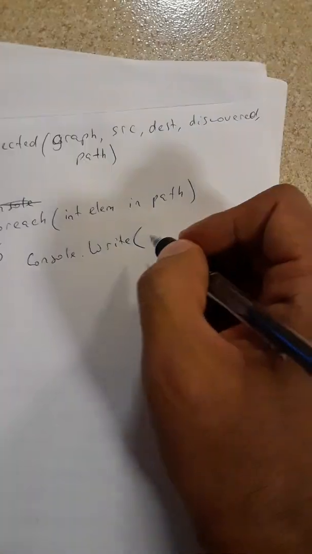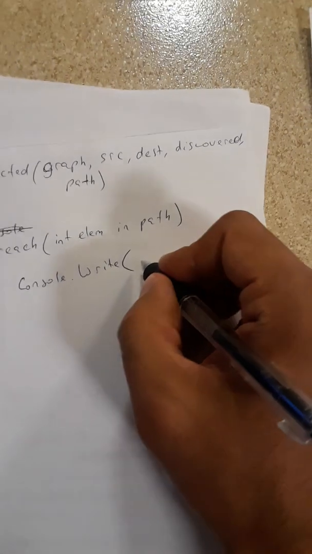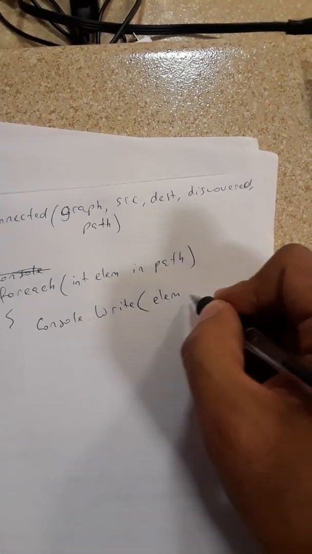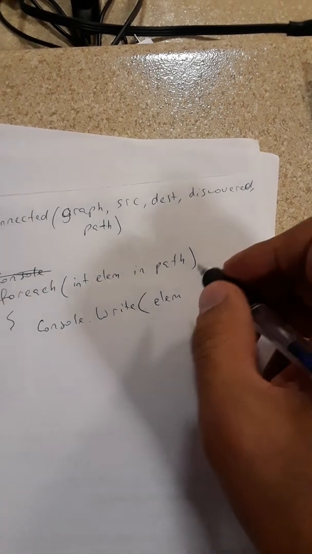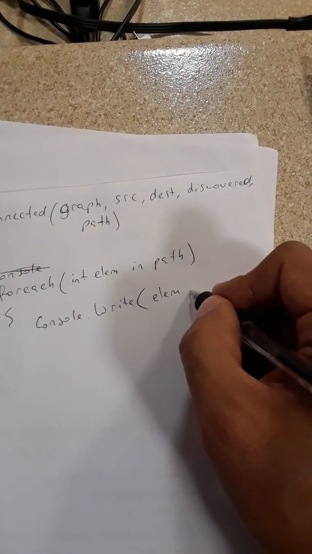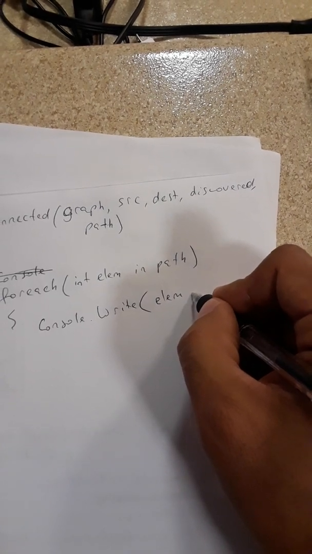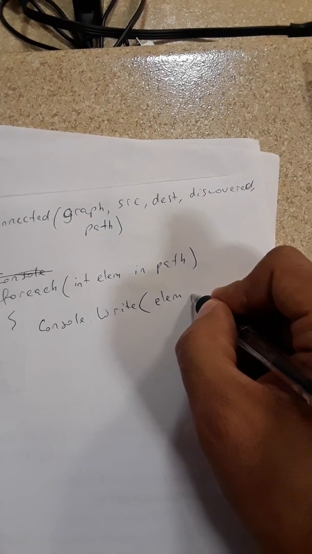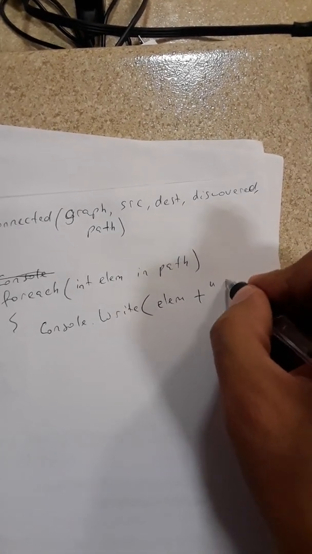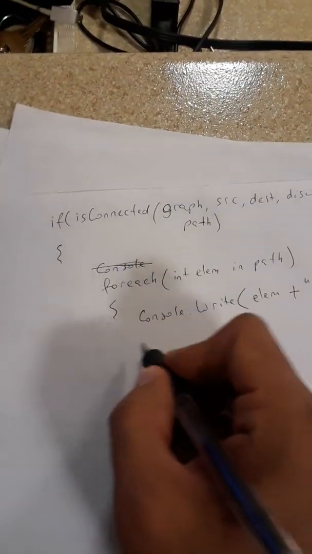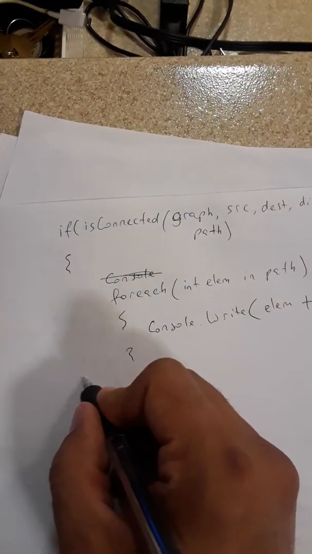In order to write it in one line, we'll write the element plus white space, so there will be white space between elements from the queue.